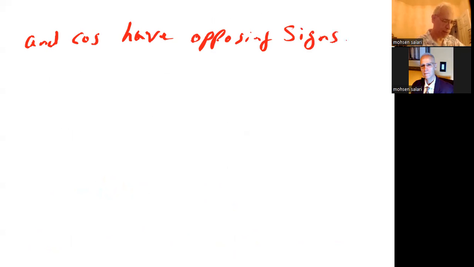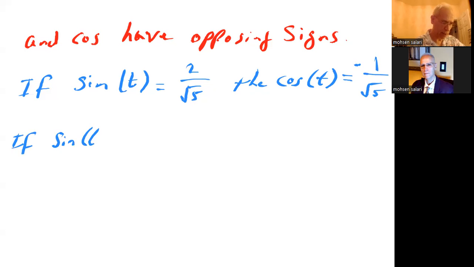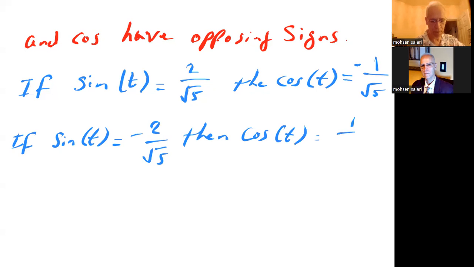If sine of t equals 2 over root 5, then cosine of t equals negative 1 over root 5. And if sine of t equals negative 2 over root 5, then cosine of t equals positive 1 over root 5.